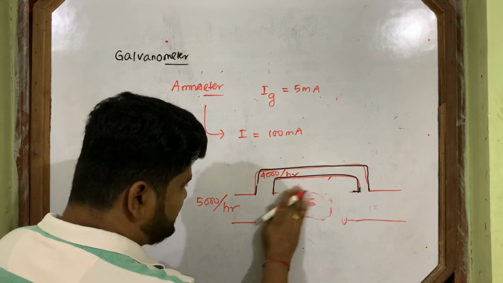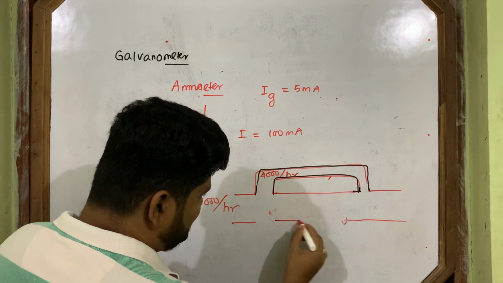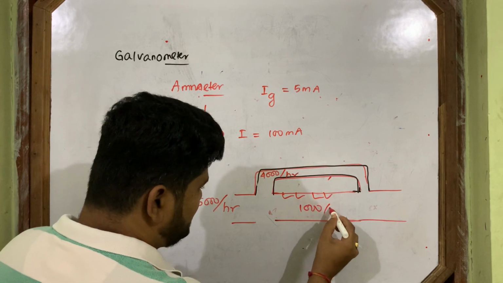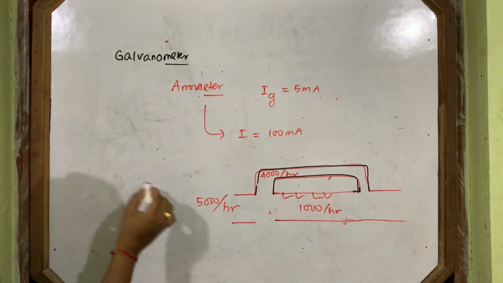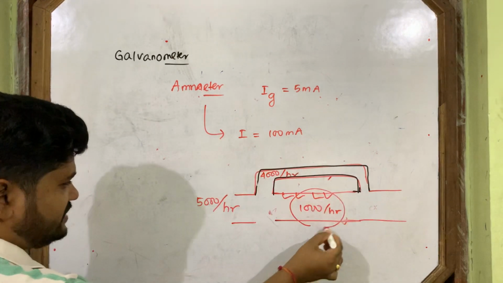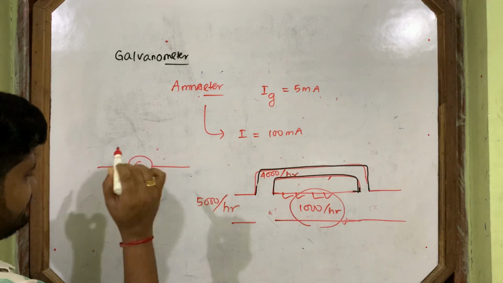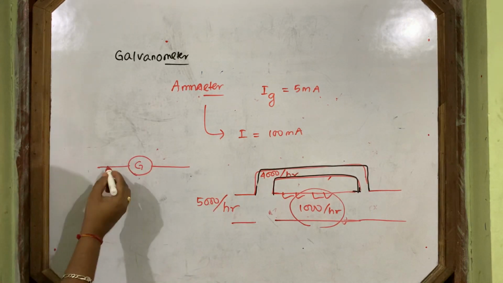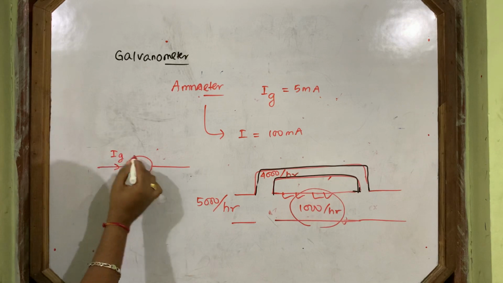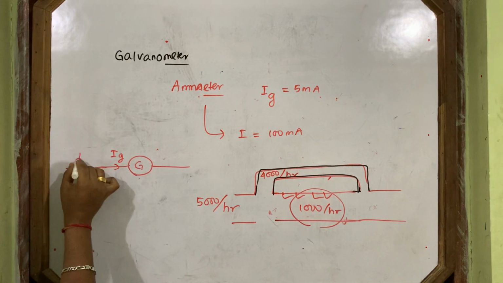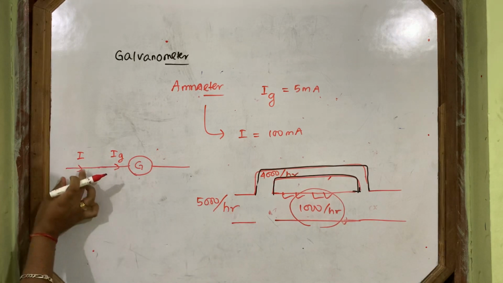I'm drawing another figure. Let's keep your town like that, 1000 vehicles per hour. This is the role of the galvanometer: it can manage a very small amount of current, Ig, just like 1000, and here current I comes, like 5000 vehicles coming.